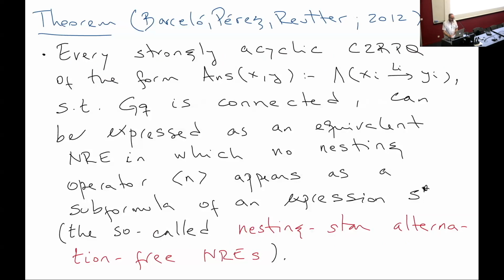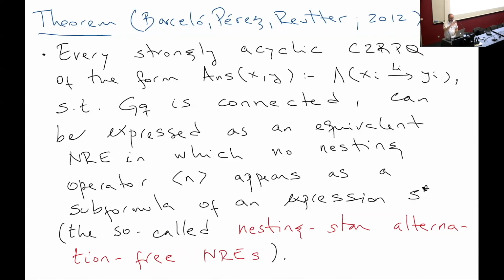So now what we said is that every strongly acyclic C2RPQ, which is also connected, can be expressed as an equivalent nested regular expression of some form. The good thing is that the class of strongly acyclic C2RPQs is generalized by the class of nested regular expressions, in terms of expressive power.